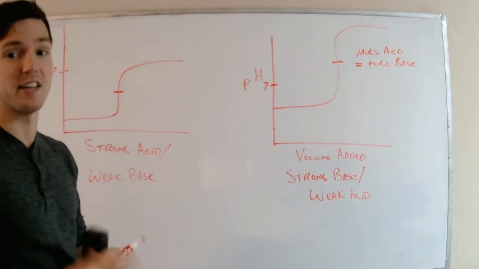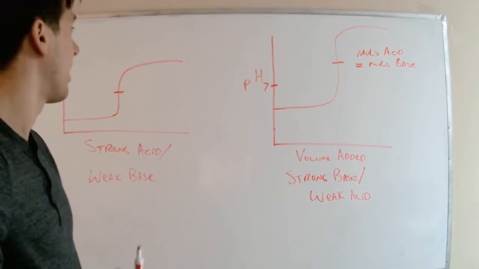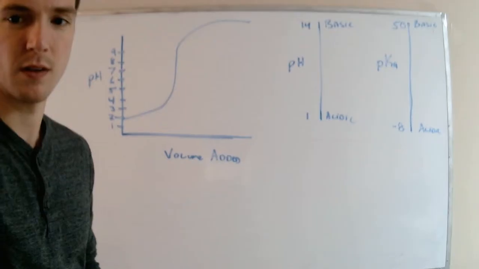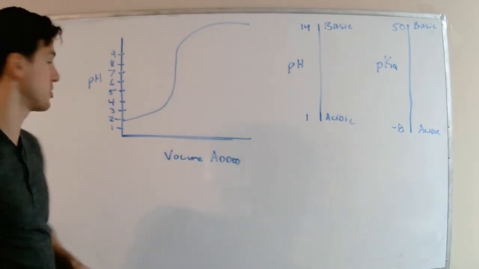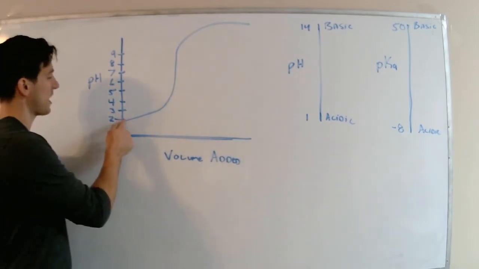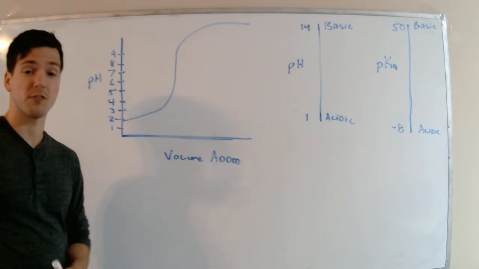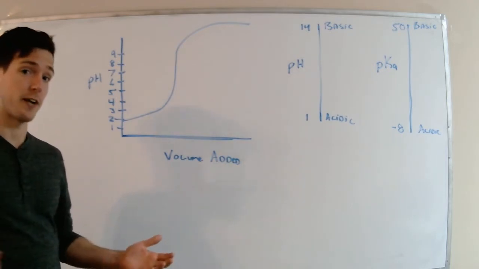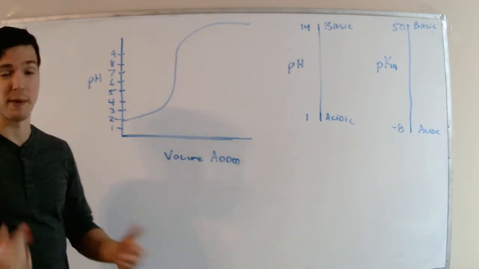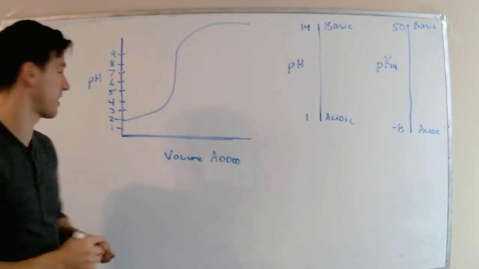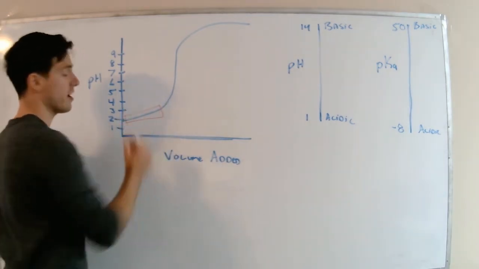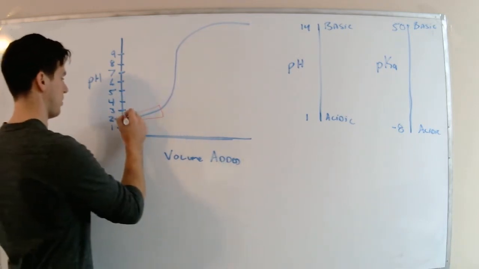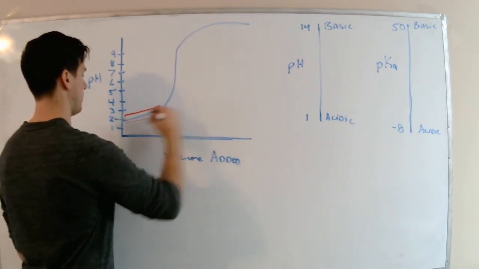Let's go ahead and identify some more things about this titration curve. So, some other things we need to know about a titration curve is you'll notice that we have this somewhat flat region at the beginning of our titration. As we start to add base, say at the beginning of this titration, this area is very flat. This area right here, let me draw this a little bit more prominent.